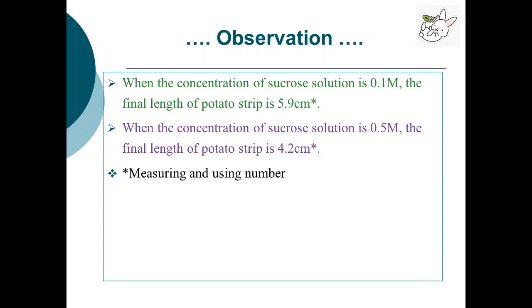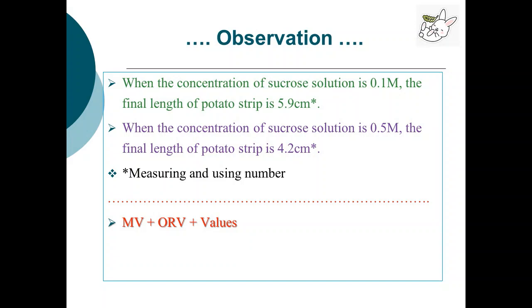Here, two science process skills they are using now, which are measuring and using numbers, and also making observation. The correct technique in writing an observation is that we should include the MV, the manipulated variable, and the RV, the responding variable, together with the values.